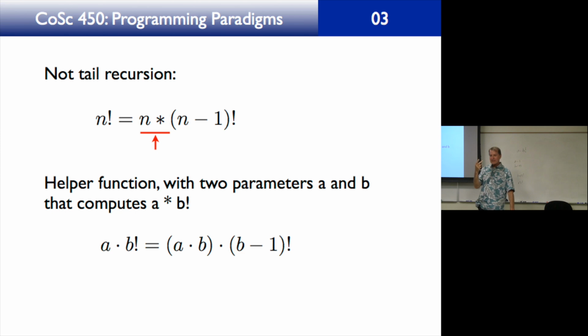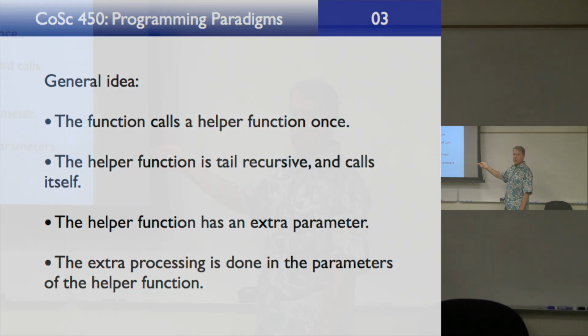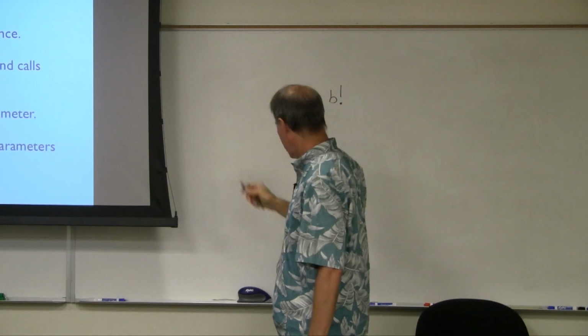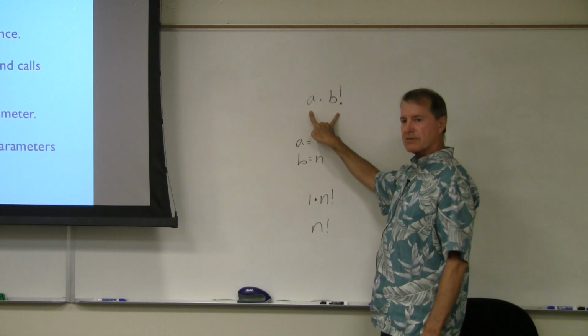Could you clarify what a helper function is? Yes, let's go back and look. It says, the function calls a helper function once. The factorial function is going to call the helper function once. The helper function is going to compute this.